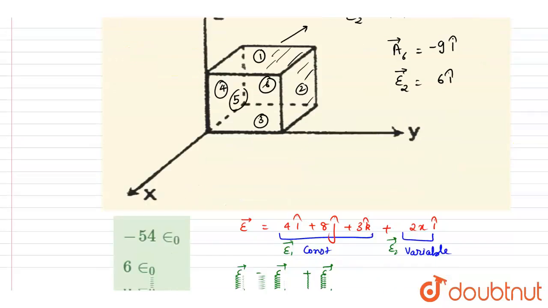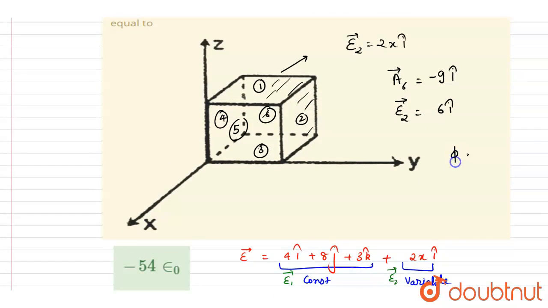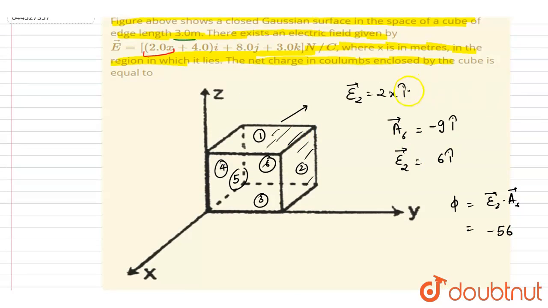Now you can take the dot product, and the flux will be minus 54. For the other surface the x value is minus 3, so here the minus sign makes it plus.